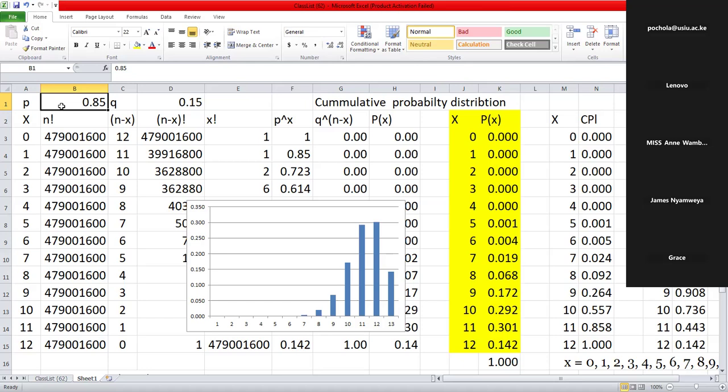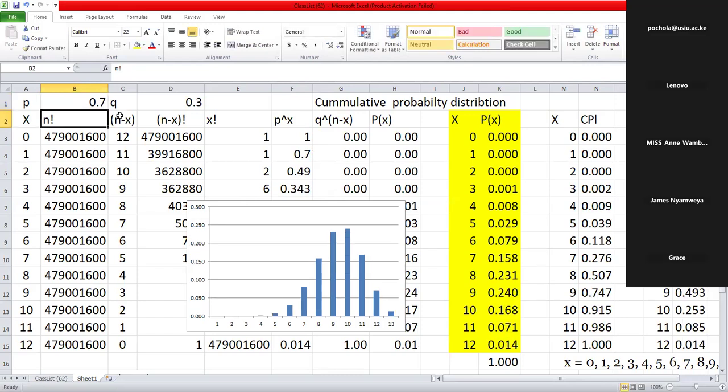Meaning Q is 0.3. That's why I wrote here a formula so that I can simulate for you. You see what's happening here?